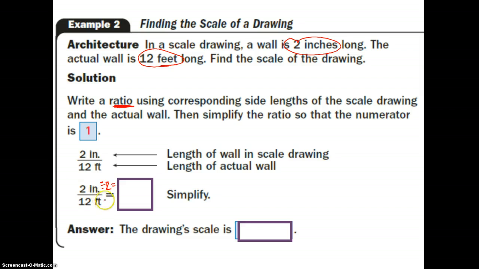Because I divide by 2 in the numerator, divide by 2 in the denominator. 1 inch for every 6 feet. So the drawing scale is 1 inch to 6 feet. Again, the whole point is to get 1 in the numerator so that you can tell how many inches on the drawing is every 6 feet, or how many is every foot.